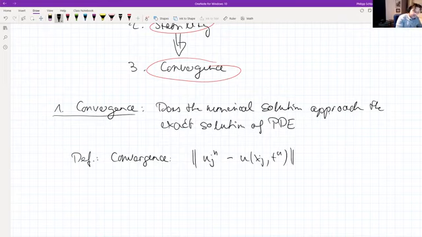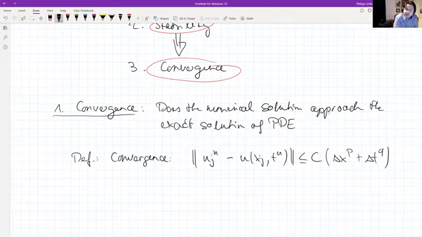which I write in this way, u_j^n minus u at x_j and t_n, should be smaller than some constant times delta x to the power of p plus delta t to the power of q. Now delta x here corresponds to the grid spacing, and delta t corresponds to the time step.